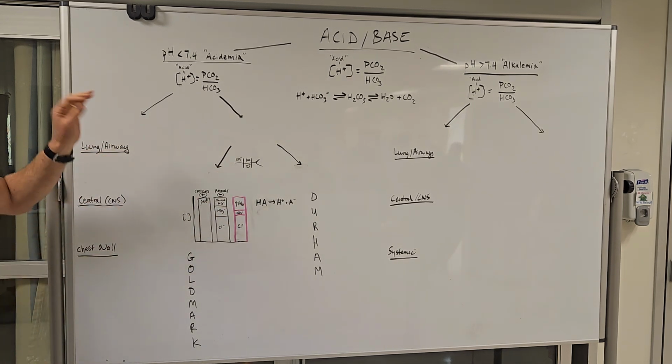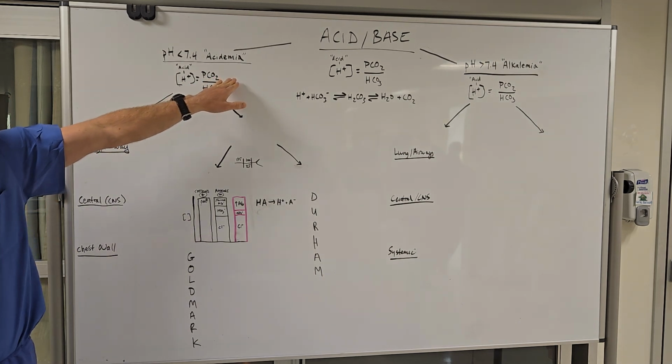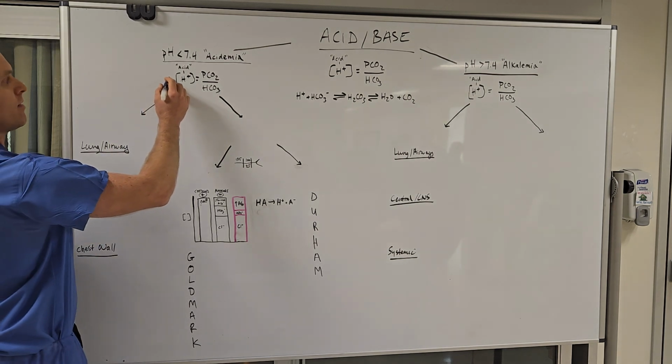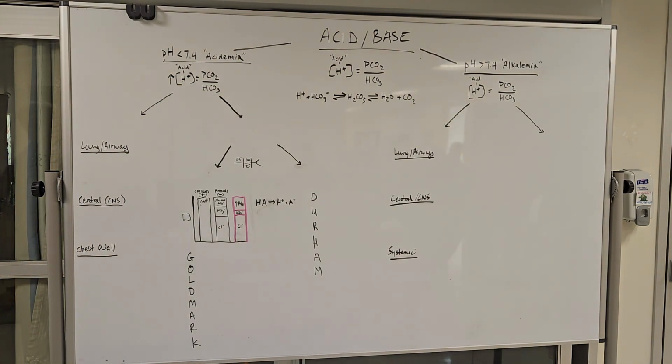So the degree of acidosis is related to your PCO2 over your bicarb. Knowing that more H plus equals more acidosis, what in my equation will drive that H plus up? Either the numerator or the denominator. Good job, the numerator. Perfect.